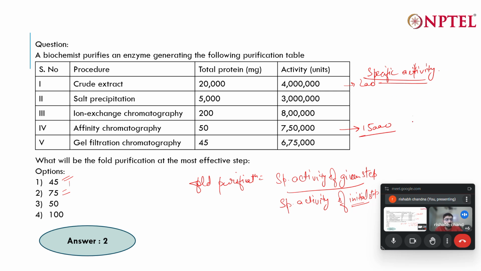If for fold purification we divide 15,000 by 200, it is 75. So the protein has been purified 75 folds from the first step to this particular step. This is the maximum purification that we can get from the steps that we are following. So the correct answer is option number 2, that is 75.